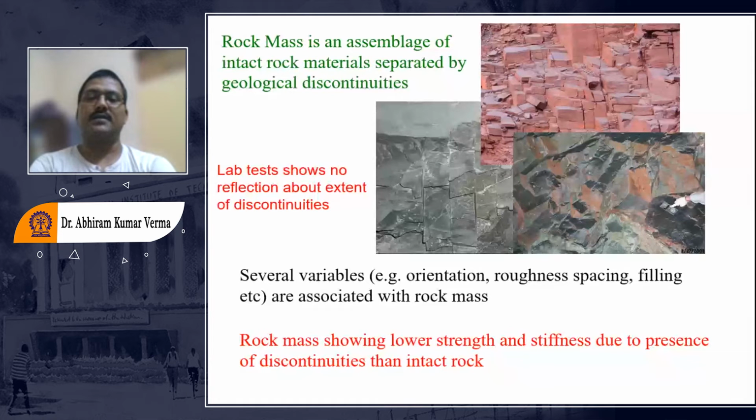Okay, because here we are mostly interested in strength properties. So we'll try to find out the uniaxial compressive strength, or maybe tensile strength, or the shear strength, or maybe cohesion, friction angle. What are the different strength parameters of this intact rock, that we can find out. So we can take a piece of this intact rock here.